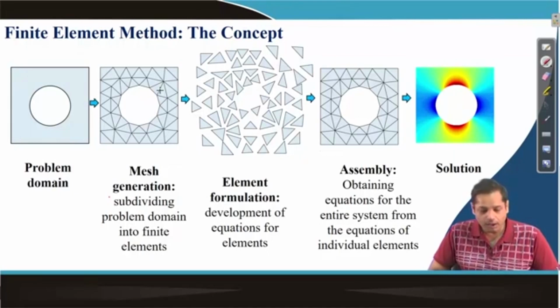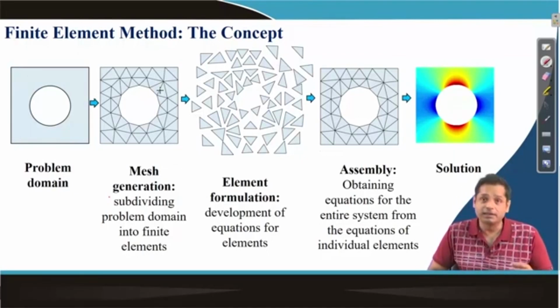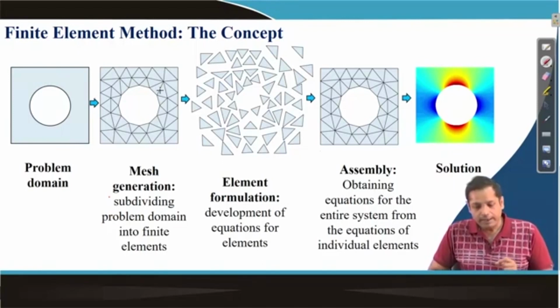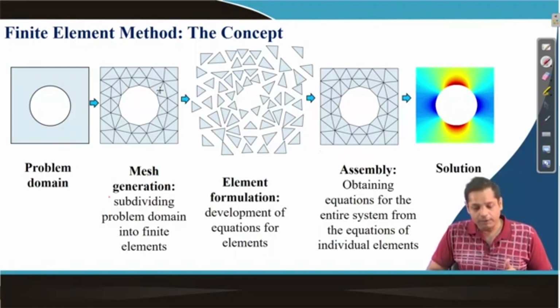And then these elements are the building blocks of this finite element mesh. Then step 2 is element formulation, meaning whatever governing equations we have need to be written for each element. That is called element formulation.